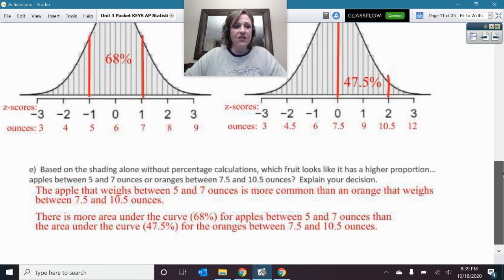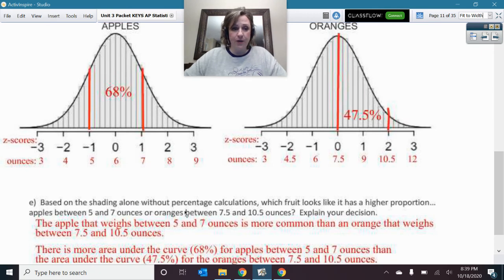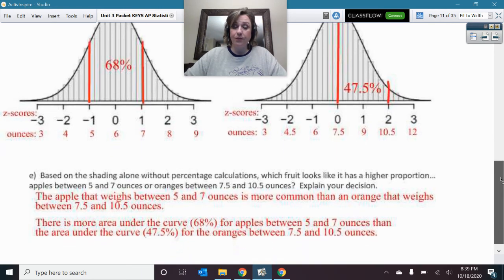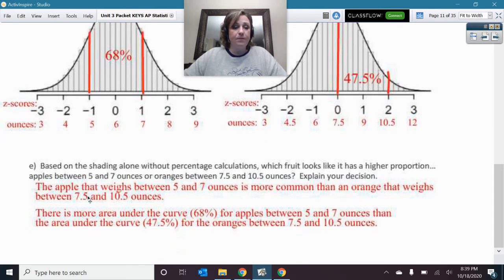Okay, so it asked for these two particular areas, 5 to 7 on the apple, which I know is 68, and then from 7.5 to 10.5 for the oranges, and I know that that's 34 plus 13.5, so that's why that was 47.5. So I know that the apple is more common because 68% of apples are in that size range from 5 to 7 ounces.